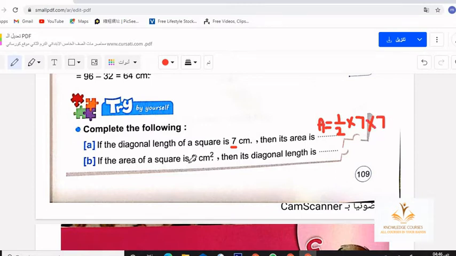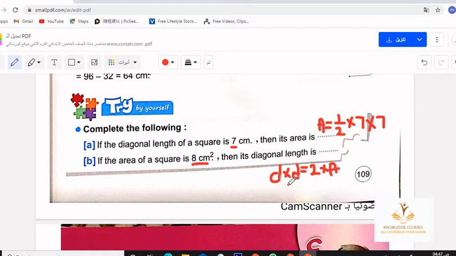The area of a square is 8 centimeter square. Then find the length of its diagonal. In this case diagonal multiply diagonal equal 2 multiply area of a square.